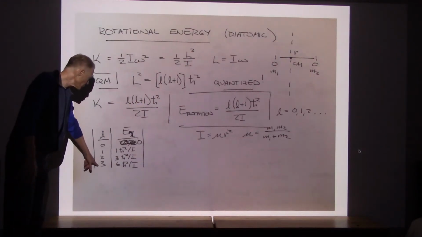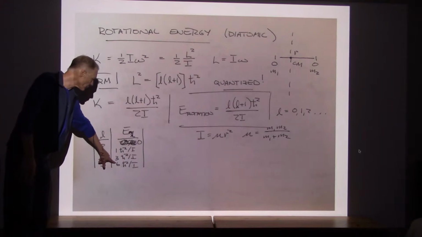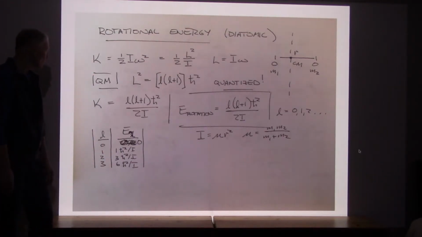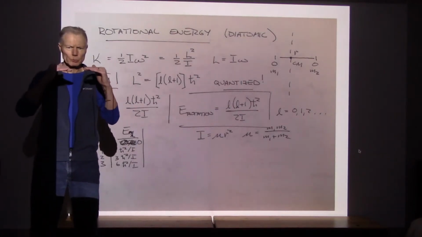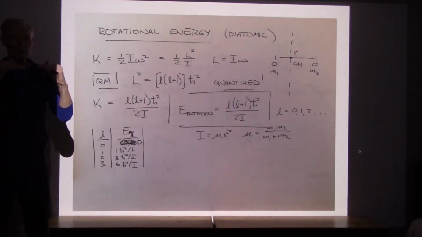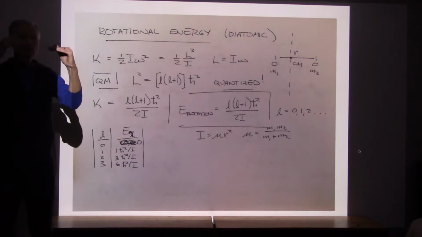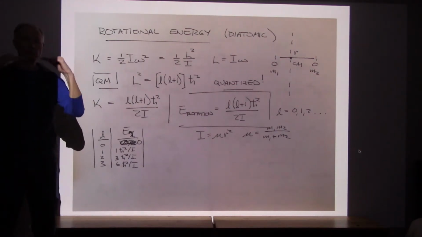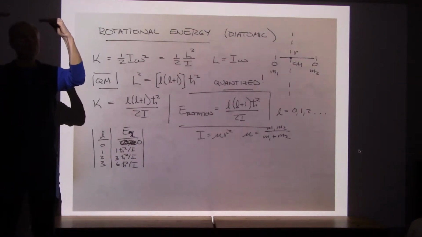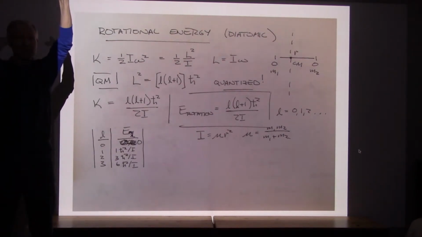And then for state 2 and 3, those numbers become 3 and 6. So if we look at the spacing, we've got this lowest rotational energy of 0, and then we have to jump up 1 h bar squared over I to get to the next state. Then we have to jump up to 3, and then we have to jump up to 6.